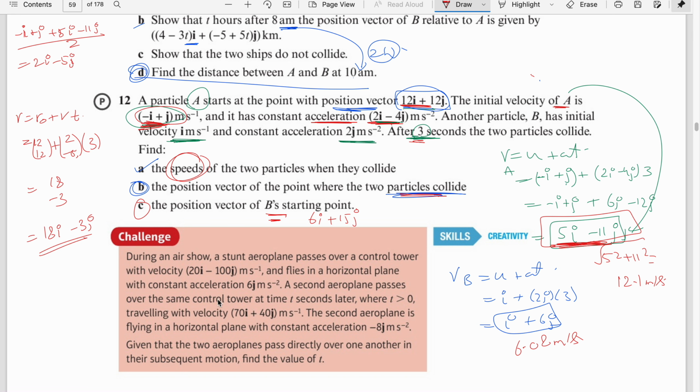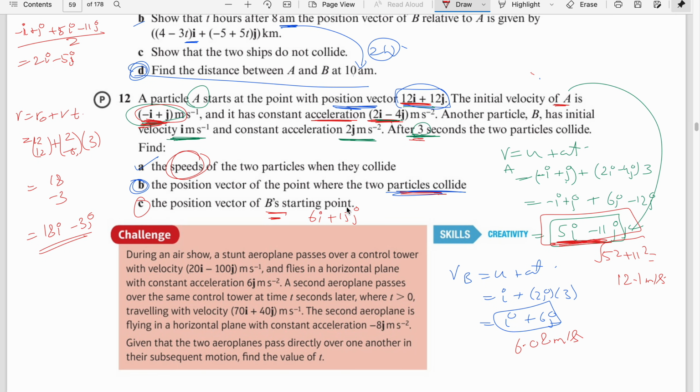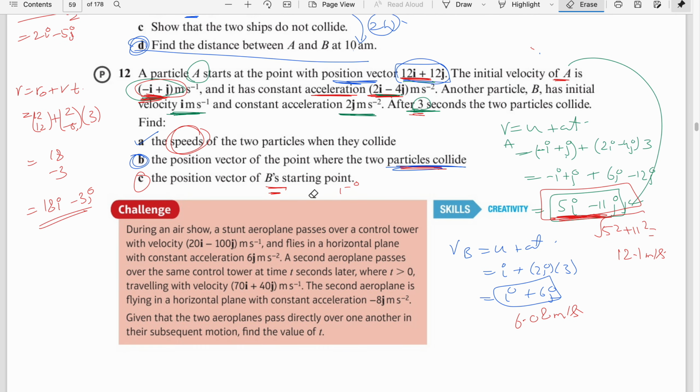C part, the position vector of B's starting point. The position vector of B's starting point: r is equal to r naught plus vt. So we know that the final position is 18i minus 3j because that is where they hit each other, and initial position is unknown, and we again have the acceleration.